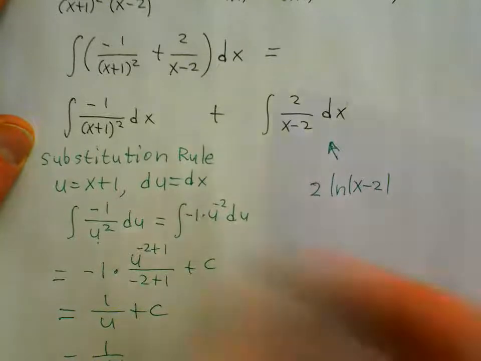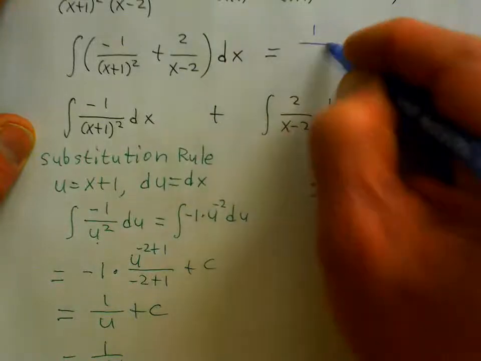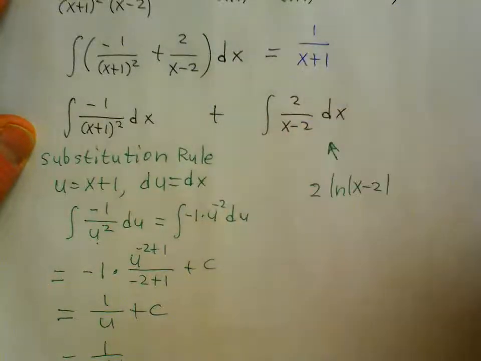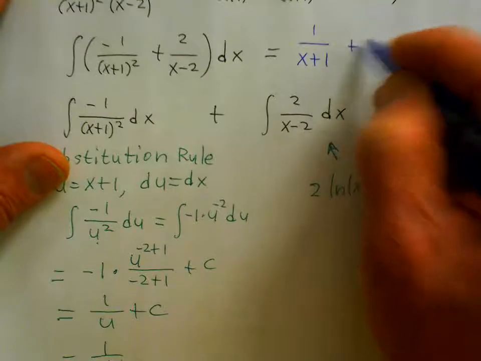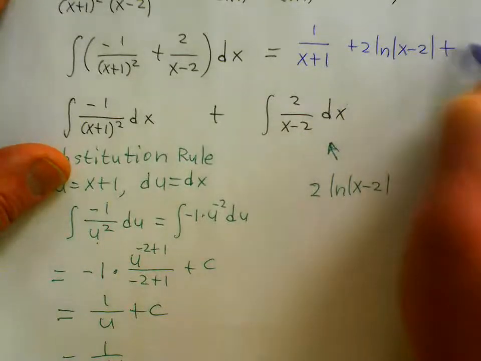Okay, so up here on this line, I'll just write what this is equal to. We found that we get 1 over x plus 1 plus 2 times the natural log of x minus 2 plus a constant.